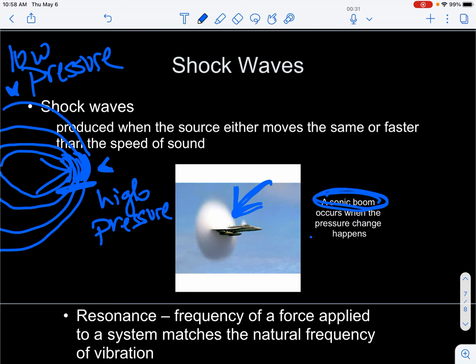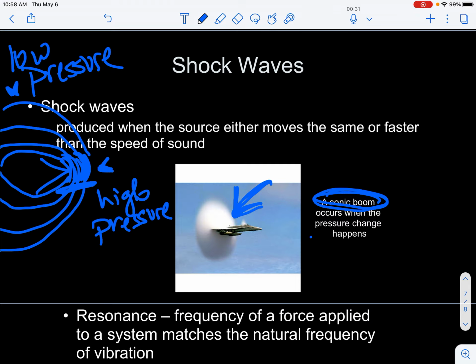Now, the sonic boom itself is not a sign of the exact moment it happens. Excuse me, let me get my words straight. The sonic boom that you see, that little puff of air, is not necessarily shown the moment the plane overcomes the speed of sound.